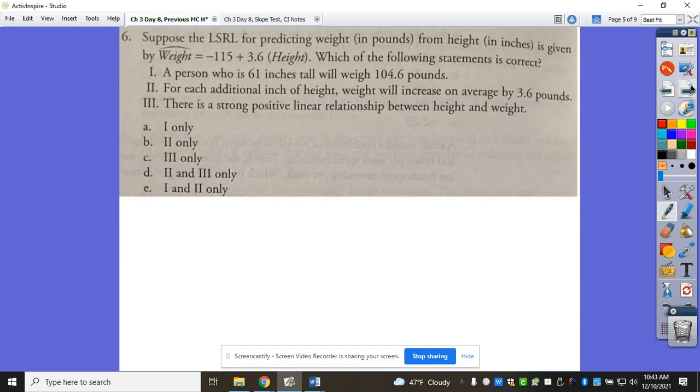Yes. All right. Suppose the least square regression line for predicting weight in pounds from height is given. Which of the following statements are correct? I want you guys to realize that this is the same thing that we wrote, but when we usually write it, we usually write it differently.